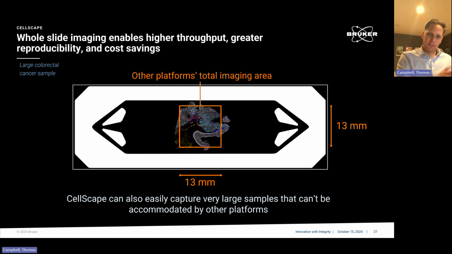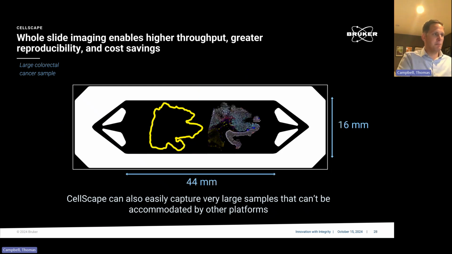This high resolution and high dynamic range imaging is combined with a really large imaging area, which means that you as a user, when you're designing your experiment, don't have to bias your experiment by looking at specific regions, or you can even fit multiple samples within our 44 by 16 millimeter imaging area, which allows you to do really quantitative comparisons between samples.